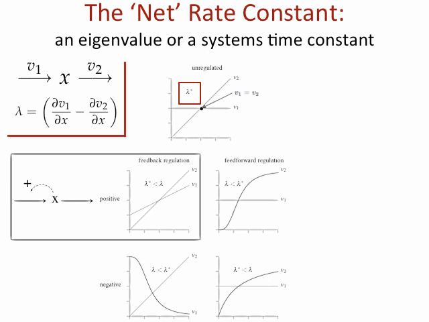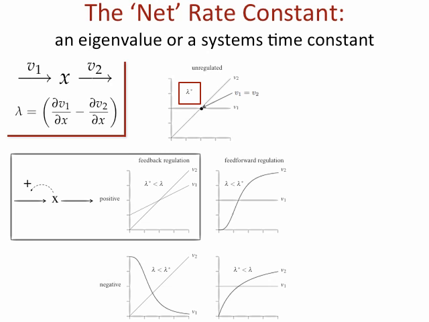In the case of feedback activation, the reaction rate V1 will actually now increase with the concentration of X. The derivative of V1 with respect to X will be a positive number, and if I look at the eigenvalue now, it will be a positive number minus another number that is slightly larger.